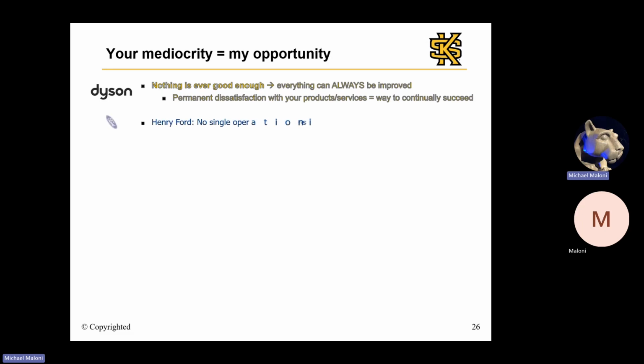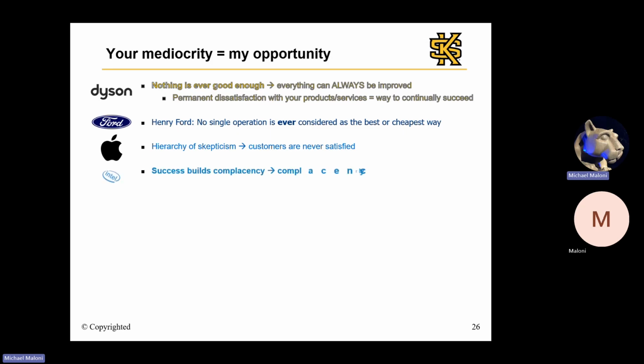Henry Ford said over 100 years ago that no single operation is ever considered as the best or cheapest way. It can be improved. Steve Jobs from Apple urges a hierarchy of skepticism. Customers are never satisfied, so we must continuously improve.